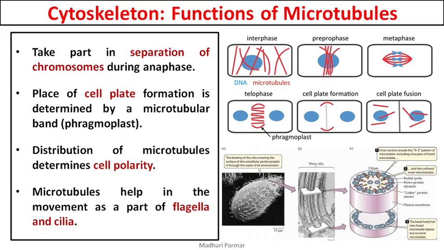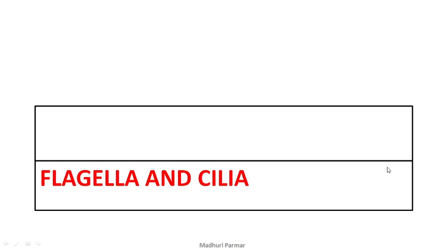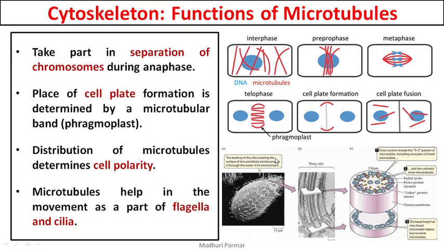This structure has these rings, and these rings are nothing but microtubules. So microtubules are helping in movement of such flagella as well as cilia. Flagella will also have the same arrangement of microtubules. We will discuss flagella and cilia from the next class.